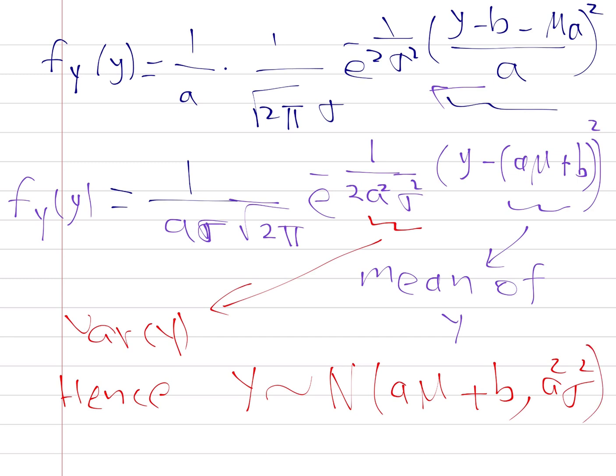So we proved that if we have a linear transformation of a Gaussian random variable, then y is also a Gaussian distribution.